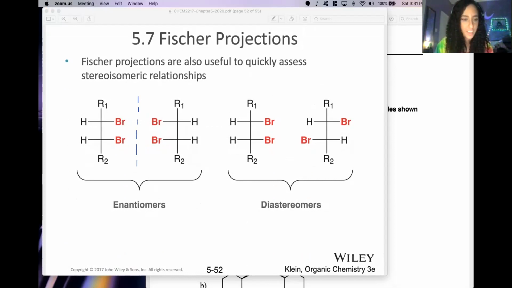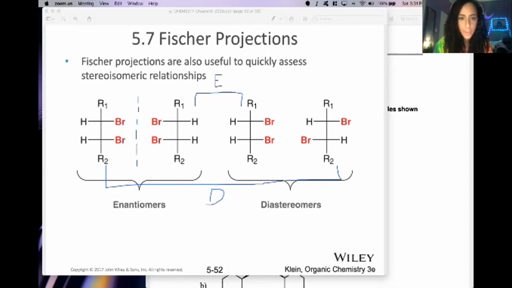So let's see. These would be diastereomers. Basically, if you get the mirror image, it's going to be the enantiomer. Sorry. It's just flipped. Okay. Yeah. All right. Cool.